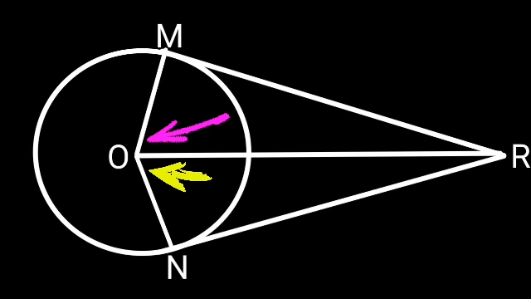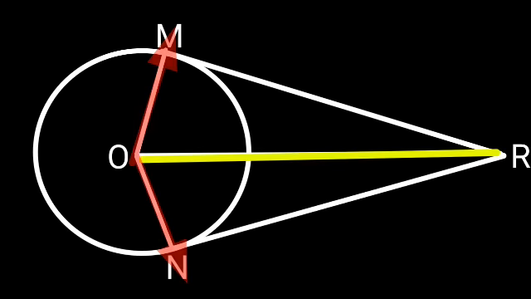Thus, angle MOR and angle NOR are also congruent because they are corresponding angles of congruent triangles. Hence, angle MON is twice angle MOR. Hence, segment OR is a bisector of angle MON.